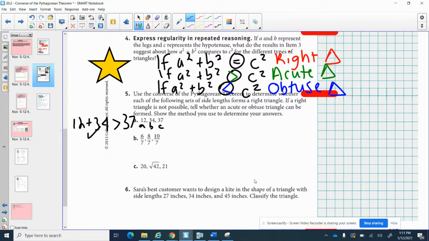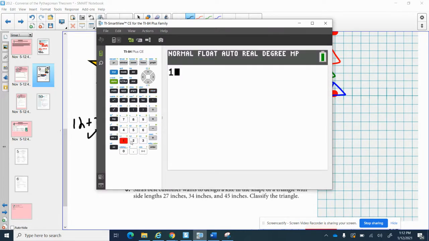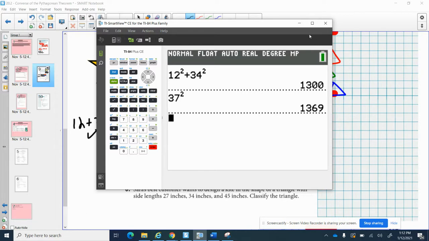So as we move on, we want to check how 12 squared plus 34 squared compares to 37 squared. Well, let's see. 12 squared plus 34 squared is 1,300, but 37 squared is 1,369.